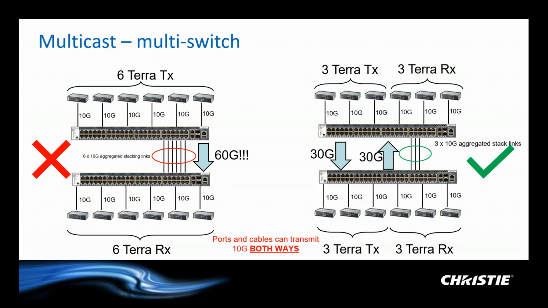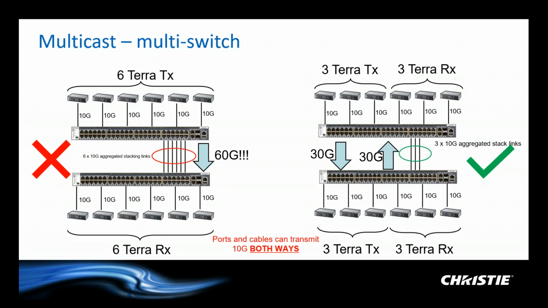So in the example on the left, this is a two-switch environment, and we've put all the TX on one switch and all the RX on the other, and so obviously 6 transmitters on the top switch are going to try to publish 60 gigabytes worth of data onto the network.